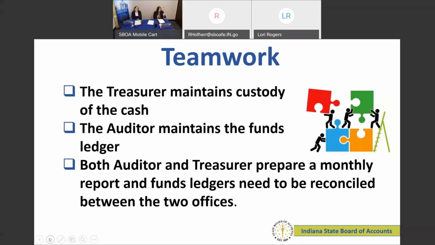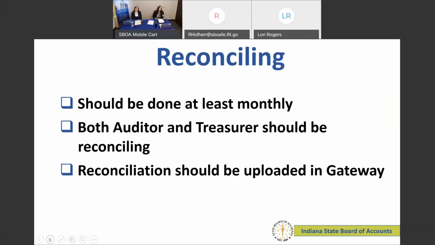So, as you're reconciling this, you guys should be getting together to reconcile at least monthly. Sometimes it's easier to do daily.